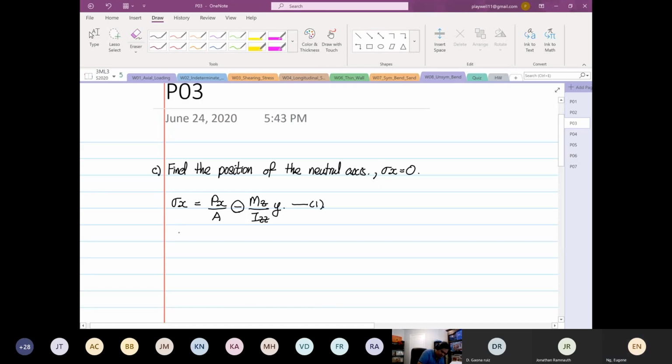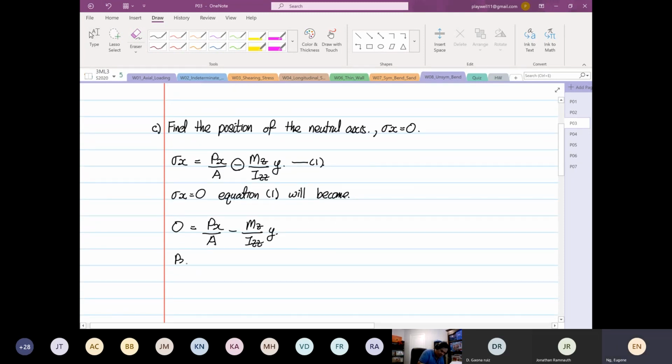So when stress X is equal to 0, right? Equation 1 will become 0 is equal to Px over A minus Mz over Izz multiplied by Y. So you have Px over A, and this will be equal to Mz over Izz multiplied by Y, right?